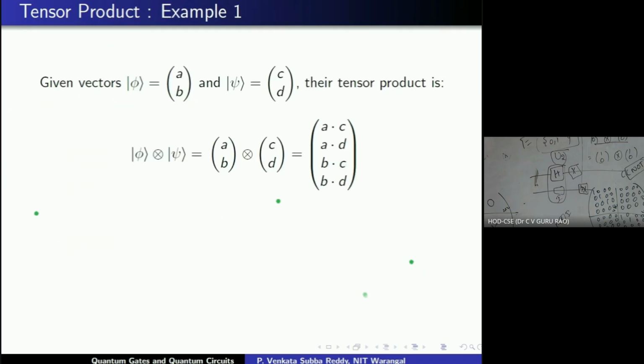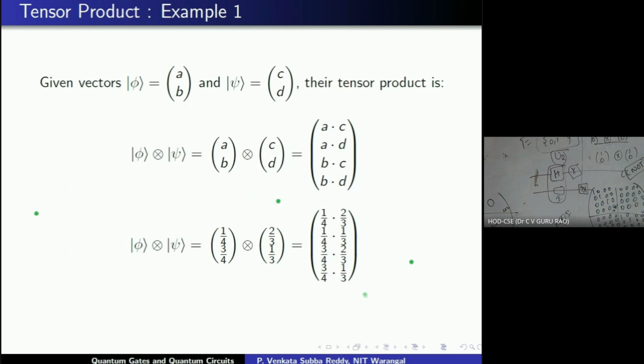Now we'll see: if we are given a state of a 2-qubit system, whether that state can be written as a tensor product of two individual system states or not. I give you a 2-qubit system state. Is it possible to write it as the tensor product of the first system state and the second system state? That's what we try to understand.